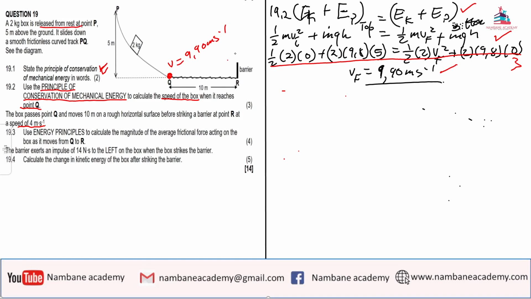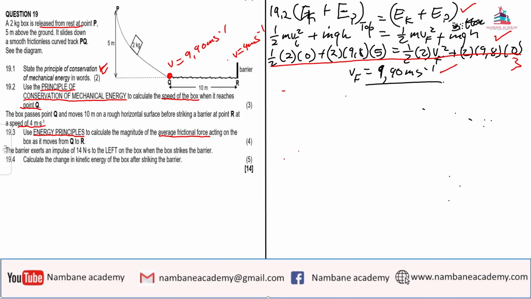We also know that V here at the barrier is 4 meters per second. Let's check the question that comes thereafter. It says use energy principles to calculate the magnitude of the average frictional force.